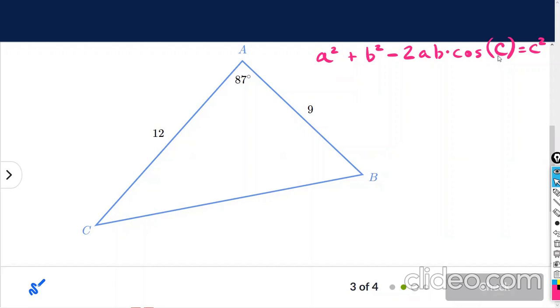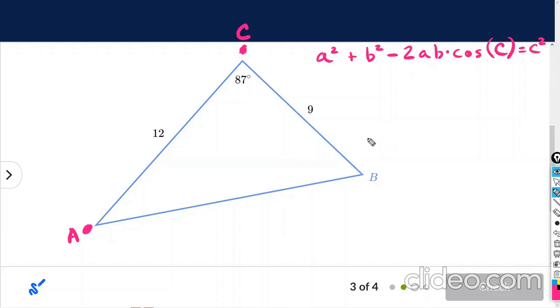This capital C represents the angle we're going to use. So temporarily, I'm going to change point A to a C, and then I can change point C to an A.